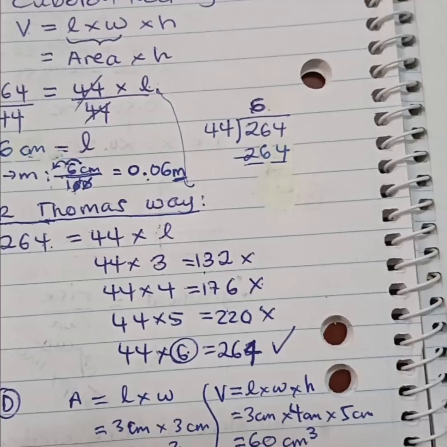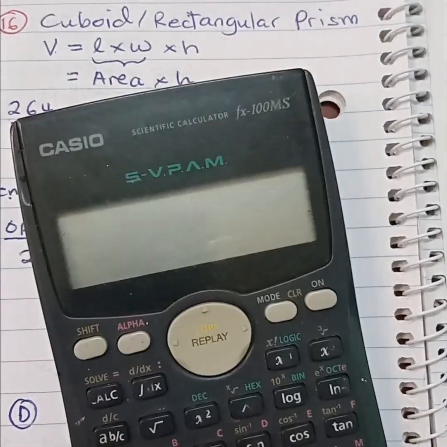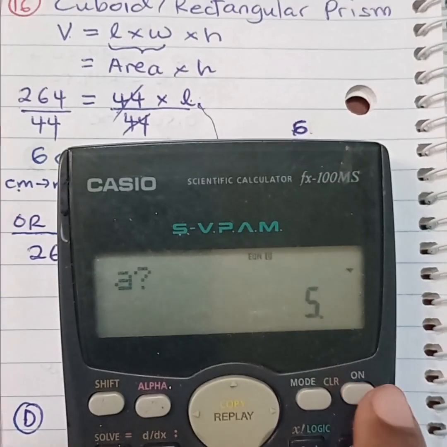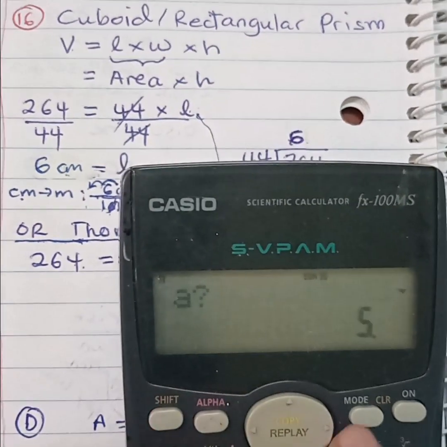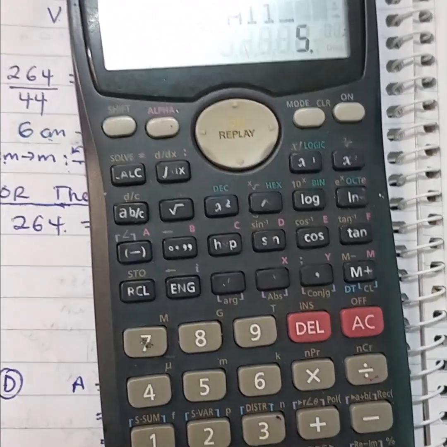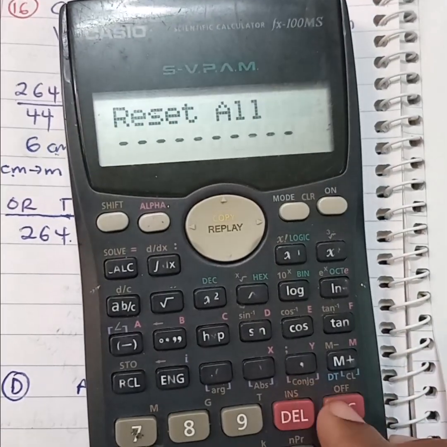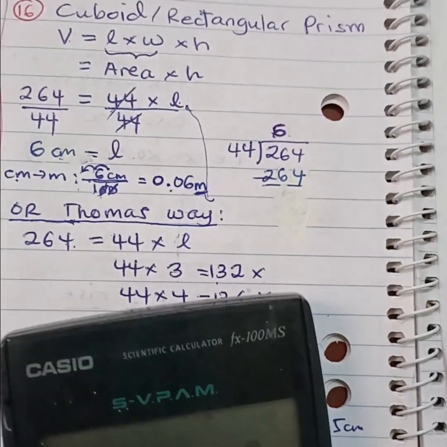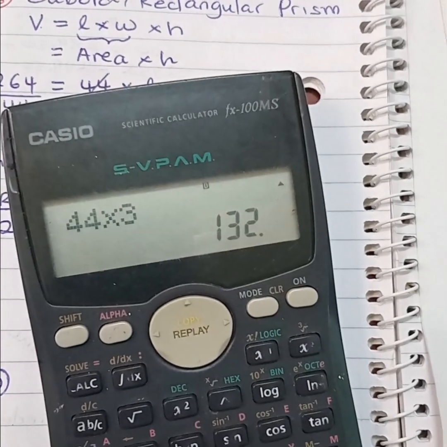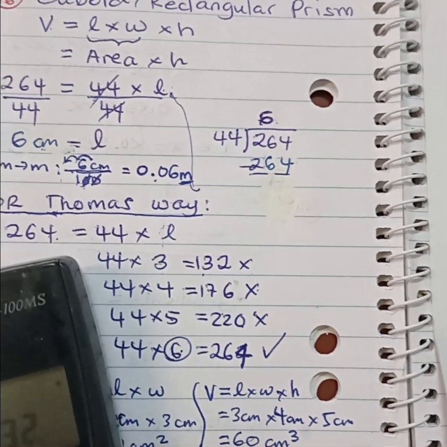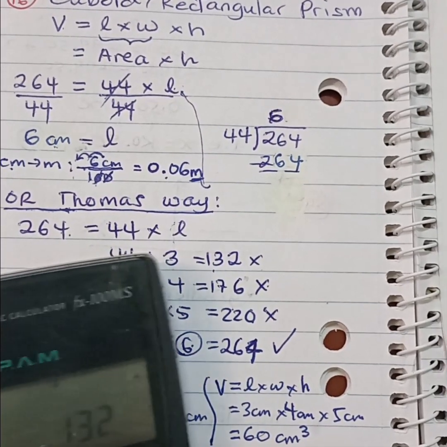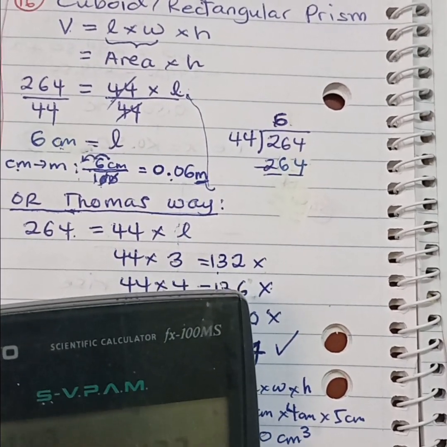Let me just confirm with the calculator in case my brain is not braining properly. 44 times 3 gives 132. Since it does not give us 264, meaning the left side is not equal to the right side, this is not the answer.